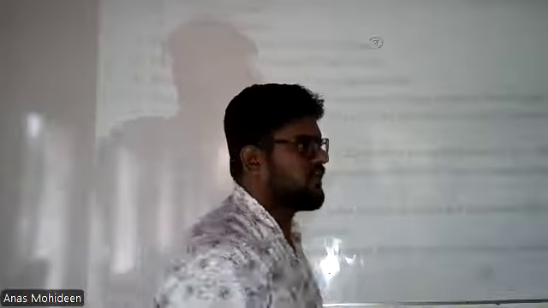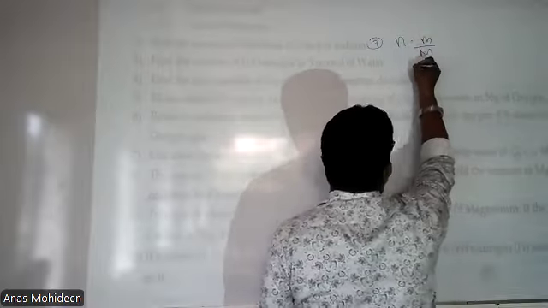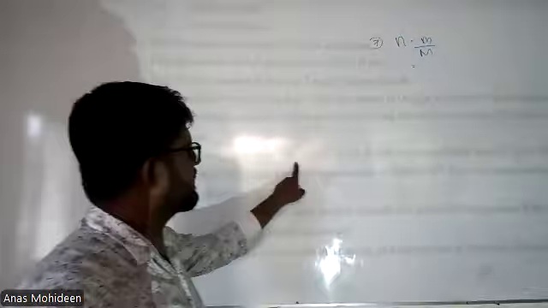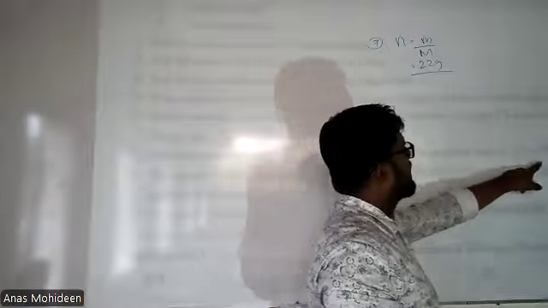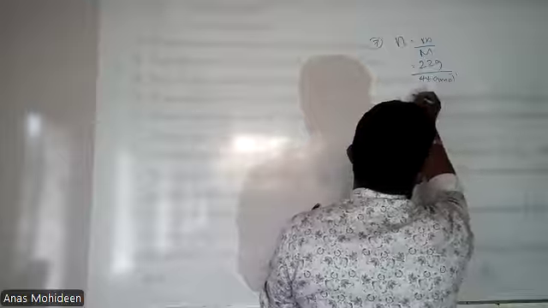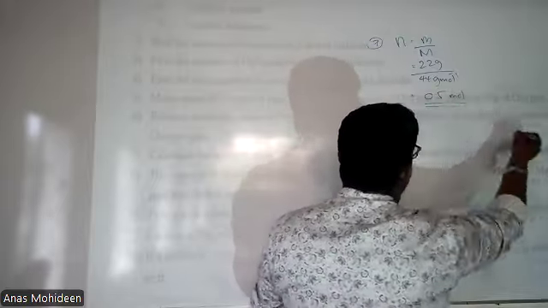Moles equals given mass over molar mass, correct? How much is the given mass? 22 grams. What is the molar mass of carbon dioxide? It is given as 44 grams per mole. How much is it? 1 over 2. Half a mole. 0.5.